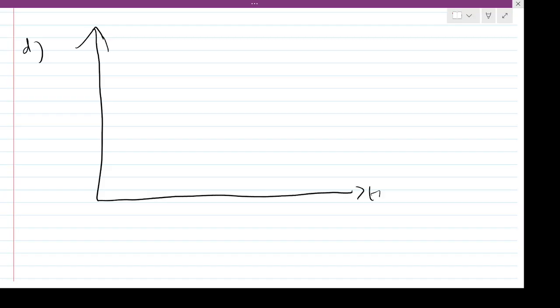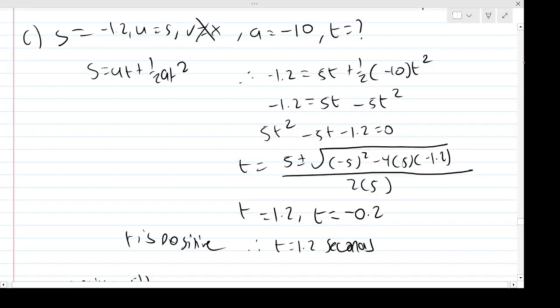Do it down here. Any velocity time graph has velocity against time. So we're going to have velocity in meters per second, and time here in seconds. This is just thinking back to velocity time graphs.